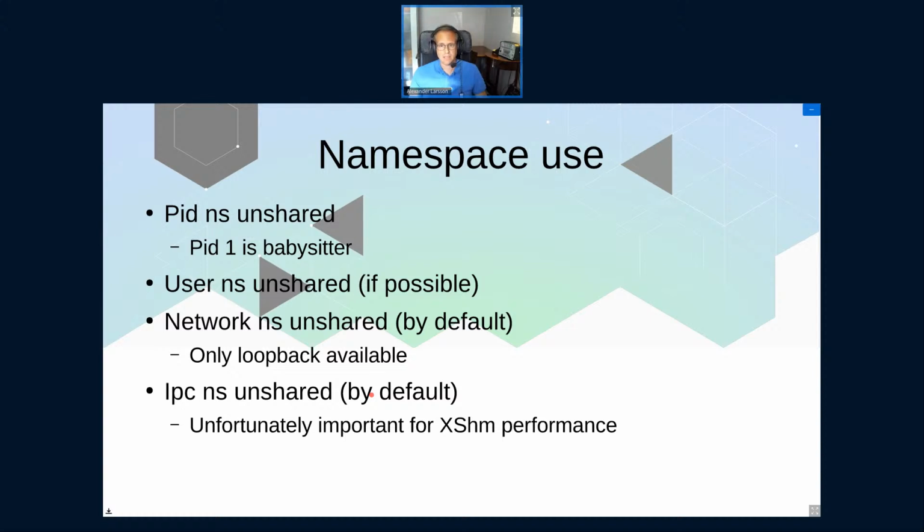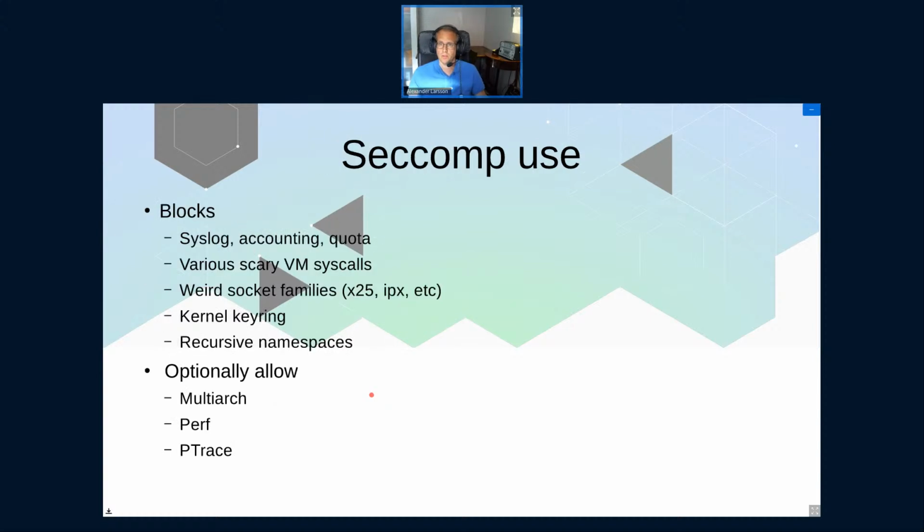And IPC is basically the System V Unix IPC stuff, which is kind of crap. But unfortunately, the shared memory extension requires that. So most apps, unfortunately, have to share the IPC namespace. I wish that wasn't true, but until we get full Wayland everywhere, that's going to have to be true.